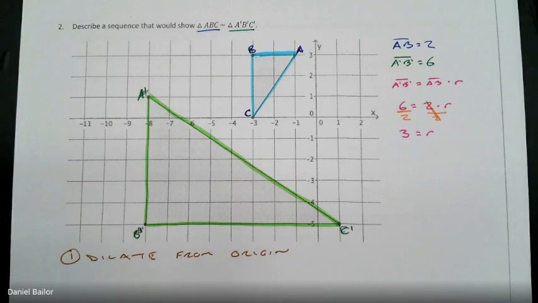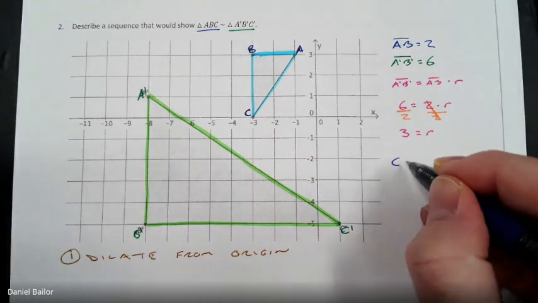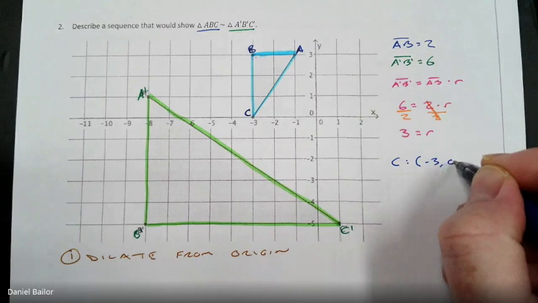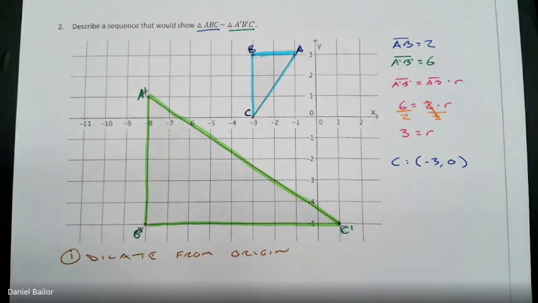So let us just focus on one point. Let's just look at point C, and dilate point C. C is -3 on the x and 0 on the y.